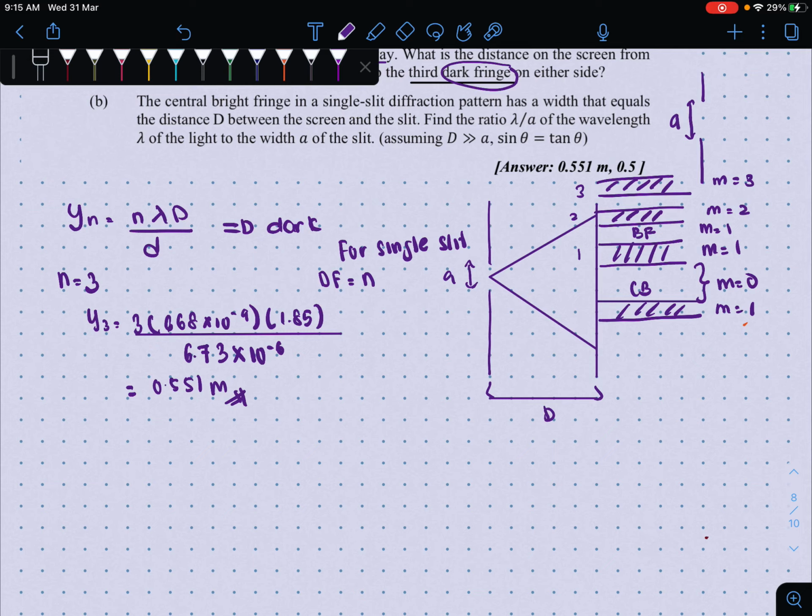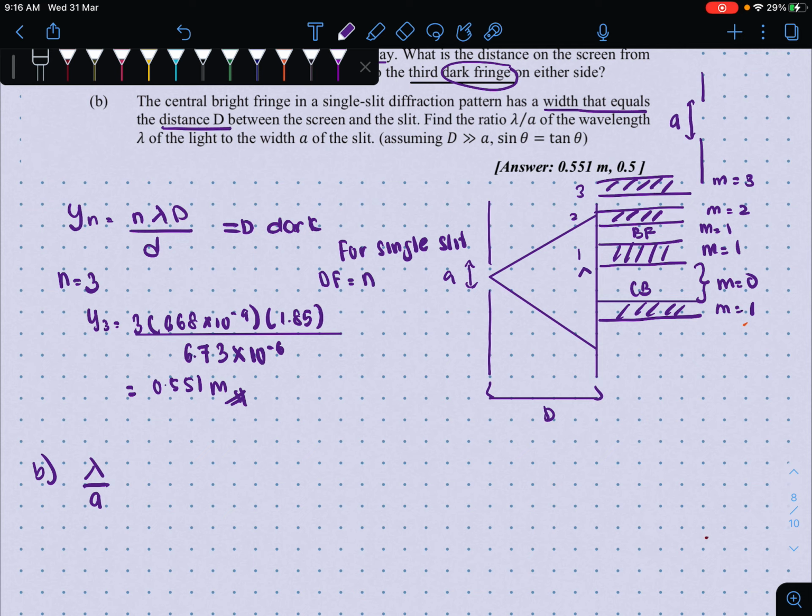Okay, so next question B dia cakap, the central bright in the single slit diffraction pattern has a width that is equals to the distance D between the screen and the slit. Find the ratio of lambda over A of the wavelength, lambda of the light to the width A of the slit. Okay, so soalan B, dia nak tahu apa ratio lambda to A. Tapi dia bagi tahu in the question it has mentioned that the width is equals to the distance.